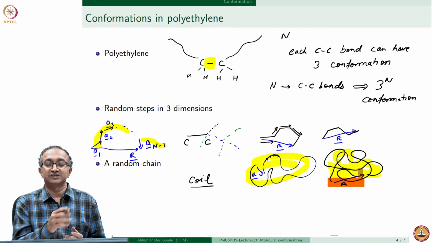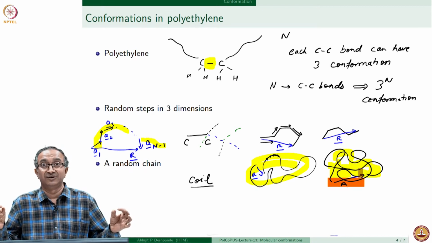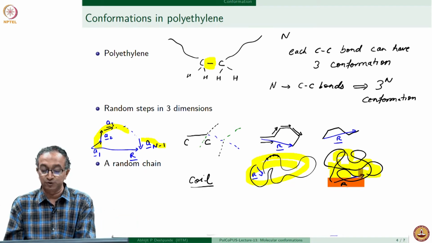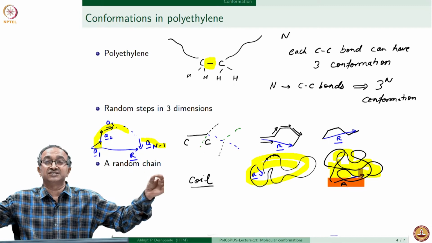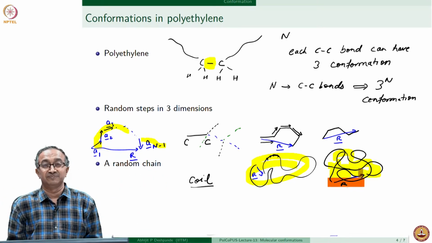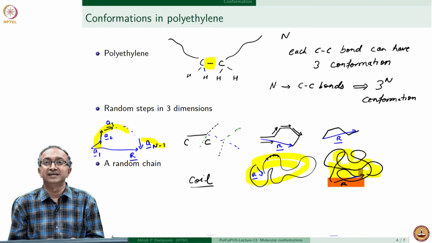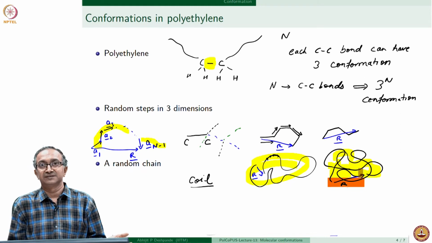Because conformational change is easy in the case of polymers like polyethylene, generally the end-to-end distance will be much smaller than the contour length or the overall length. So if I take the two ends of this macromolecule and stretch it and open it completely, then that's the overall length called the contour length. So the end-to-end distance is always going to be much less than the contour length.